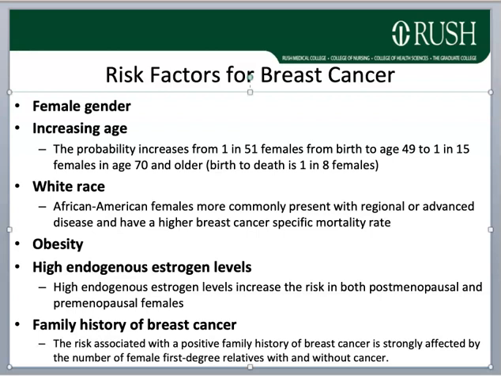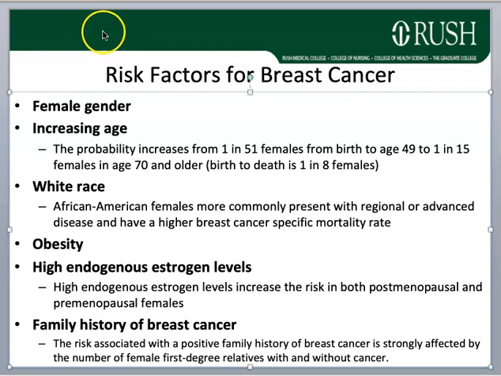High endogenous estrogen levels also increase the risk of both postmenopausal and premenopausal females. Family history of breast cancer is another significant risk factor. The risk associated with a positive family history is strongly affected by the number of female first-degree relatives with and without cancer.